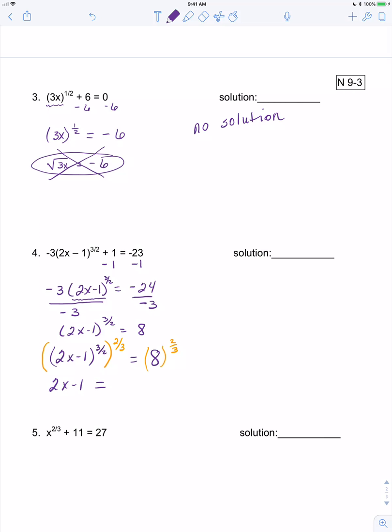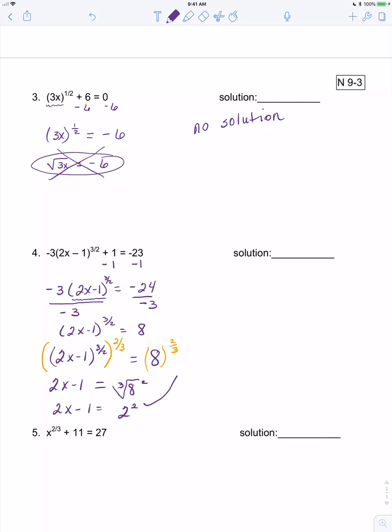So that's the 8 squared cube root. Remember our power over root? So the cube root of 8 is 2. So we can say 2x minus 1 is 2, and we still have to square it.